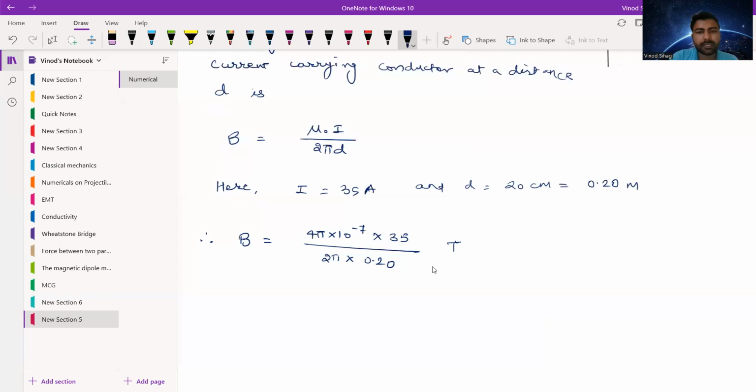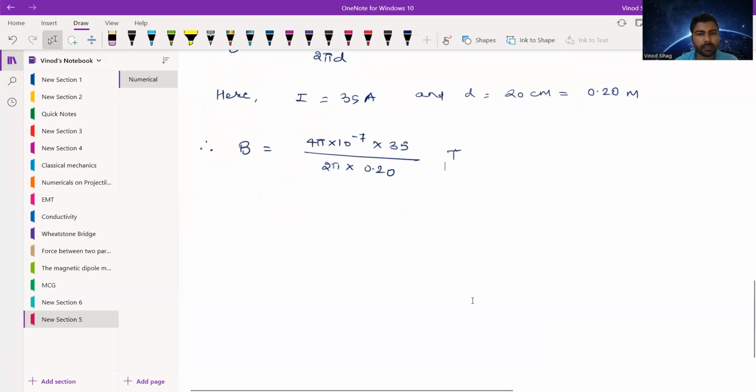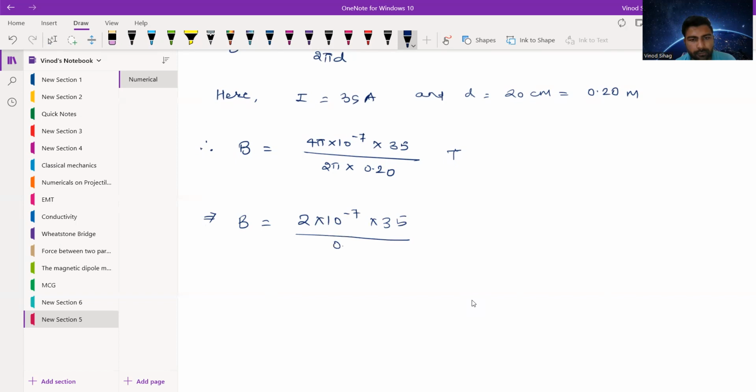Don't forget to write the unit, it is Tesla. Now the 4 pi is cancelled by 2 pi and we get 2, so it will be 2 into 10 to the power minus 7 into 35 upon 0.20 Tesla.